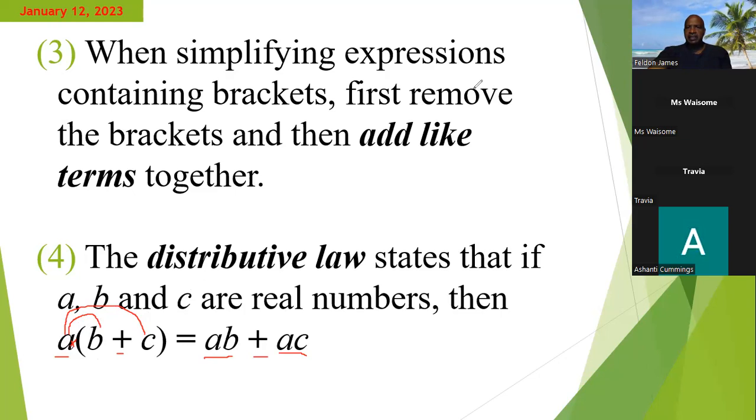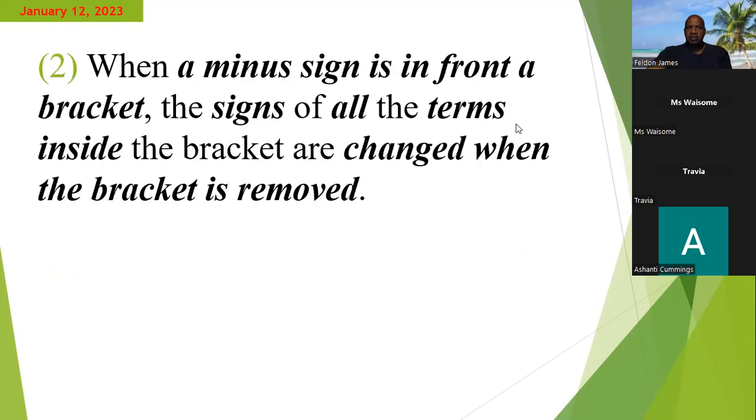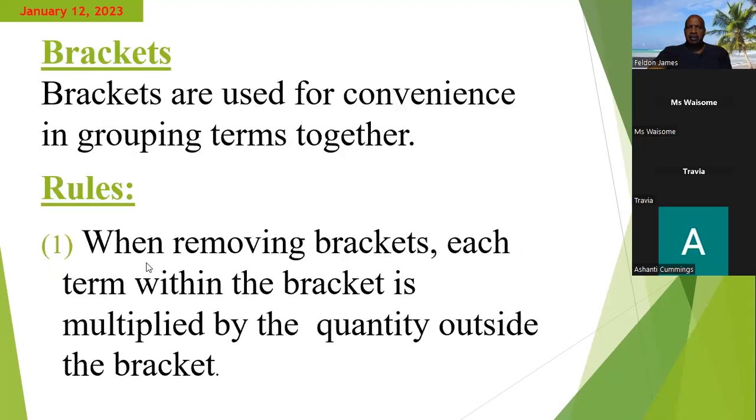Let me see your hand. Sir, I just wanted to go back to rule 1, please. All right. Rule 1: when removing brackets, each term within the brackets is multiplied by the quantity outside the brackets, which is the distributive law. Is that clear?